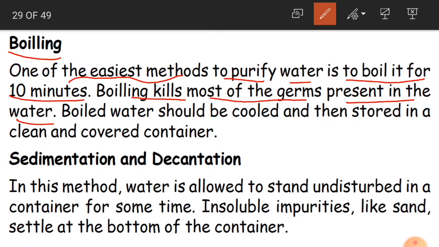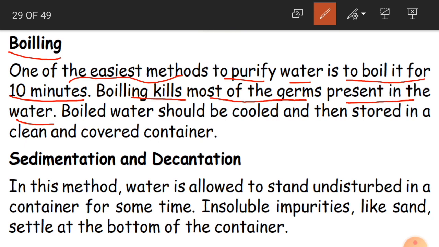There is no need of any type of instruments, no need of much time, no need of much hard work. You can just take water in a container and boil it on the stove for 10 minutes. That's enough. All the germs in the water are going to be killed.